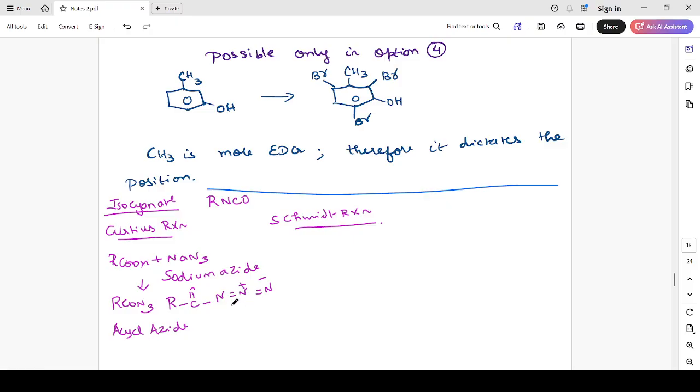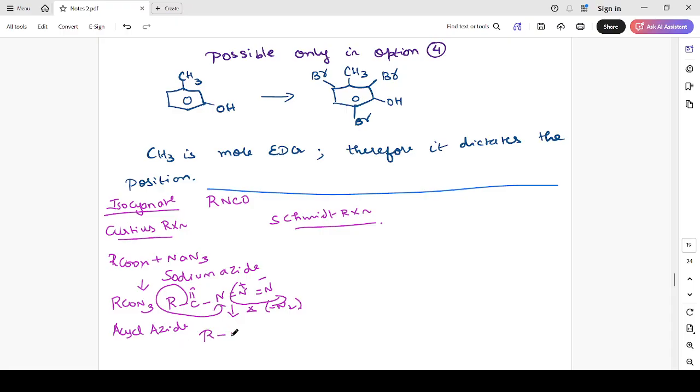Now, upon heating, nitrogen gas leaves. So what happens is this nitrogen is leaving, and this R attacks here.